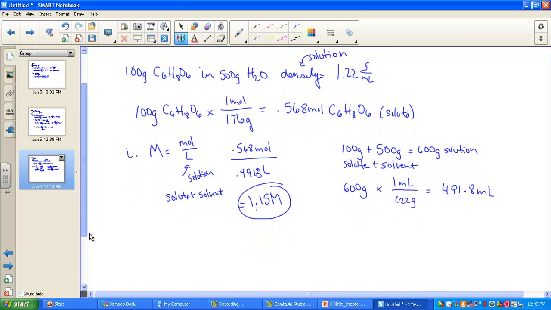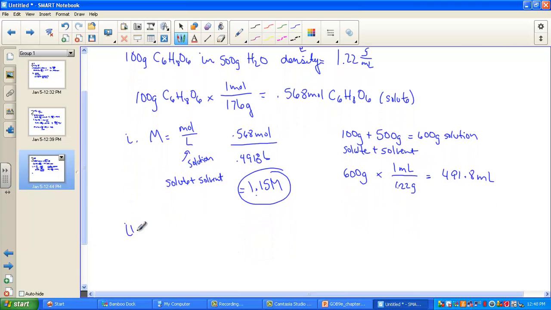Now letter B asks us for baby m, molality. Molality, of course, is moles of solute per just kilogram of solvent. And we have the numbers we need, pretty straightforward calculation at this point. 0.568 moles of our solute per kilogram of just the solvent.